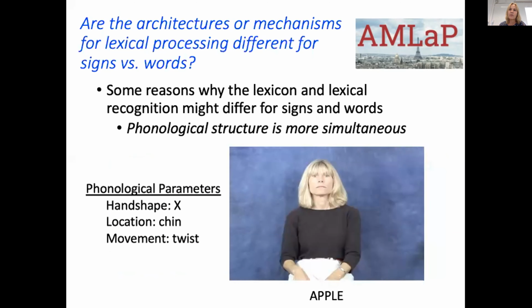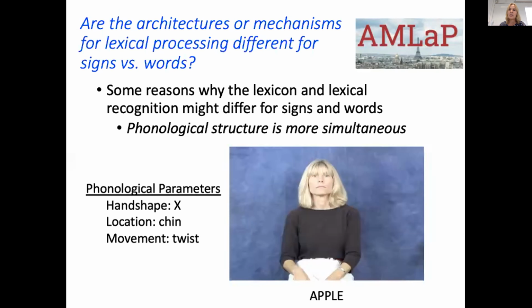Another difference has to do with the phonological structure of signs. Words are made up of sequences of segmental units, and words can often have many different segments. For signs, the structure is much more simultaneous. So I'm going to show you the sign for apple.